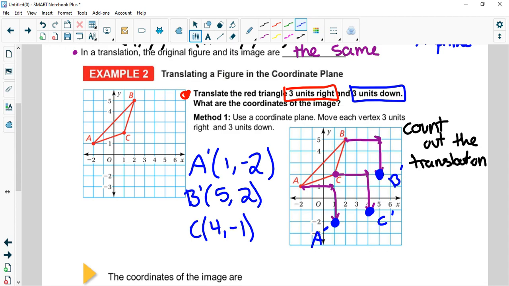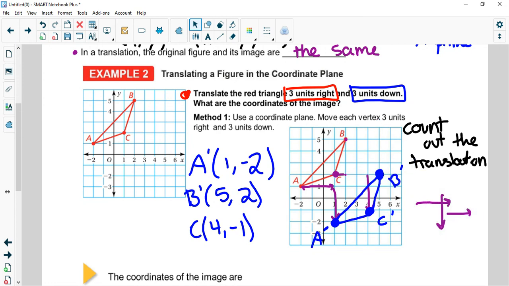And for the last step, make sure we connect the dots. Now, there's a lot of pieces going on this graph. Let me pull out of the way my counting arrows. Again, these are the arrows I use to count the spaces.